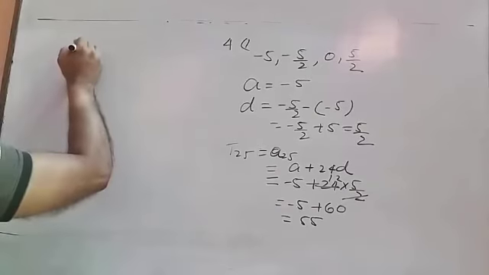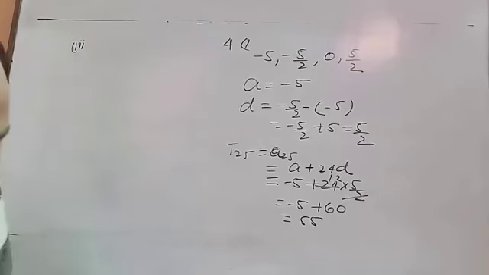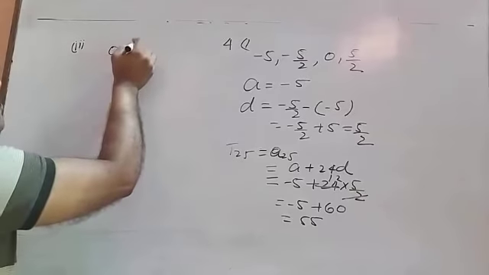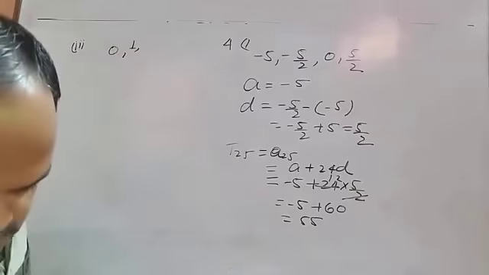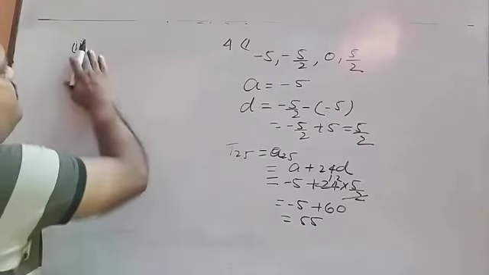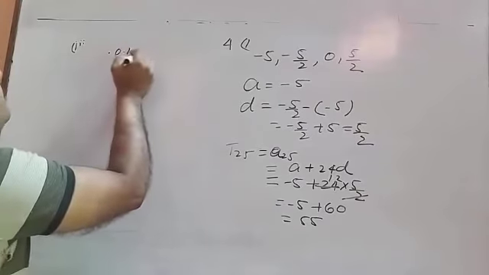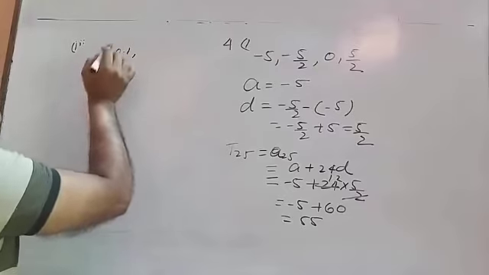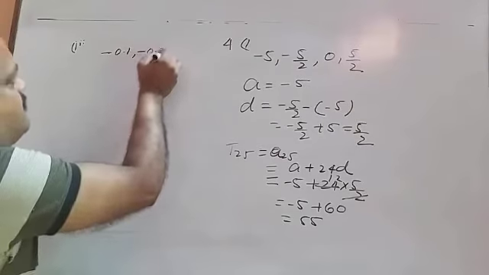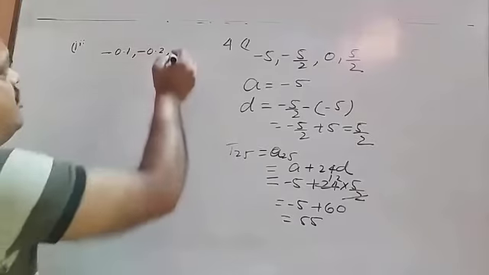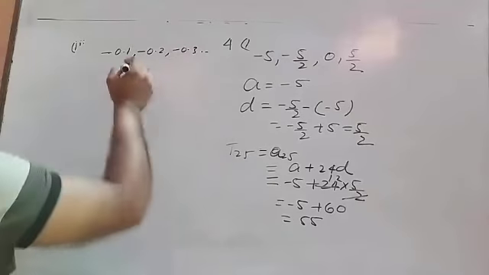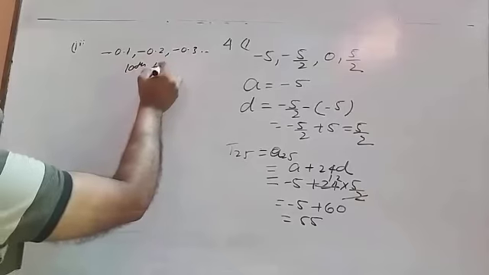Third part of this question. We have the series as 0.1, minus 0.1, minus 0.2, minus 0.3, and we want the 10th term.